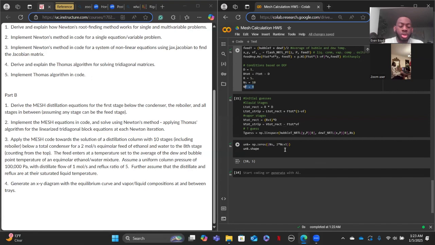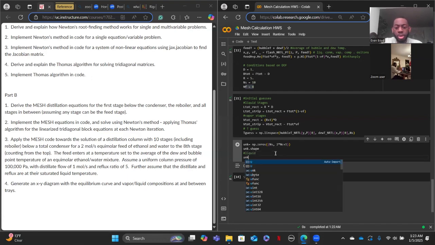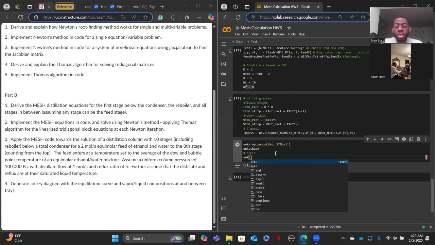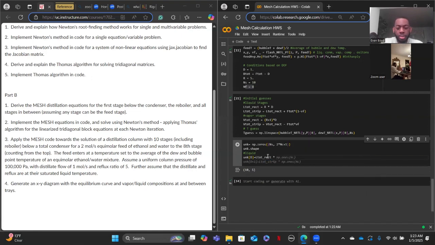So if we start with this, we go back to what we were saying before. We do our liquid and then we do unknowns for the stripping section. We know that we want our feed for the stripping, so this would be equal to the liquid total of the rectifying, and we'll multiply this by our vapor composition.